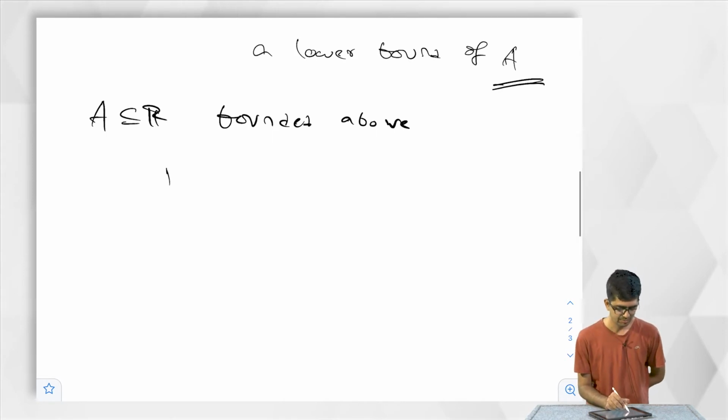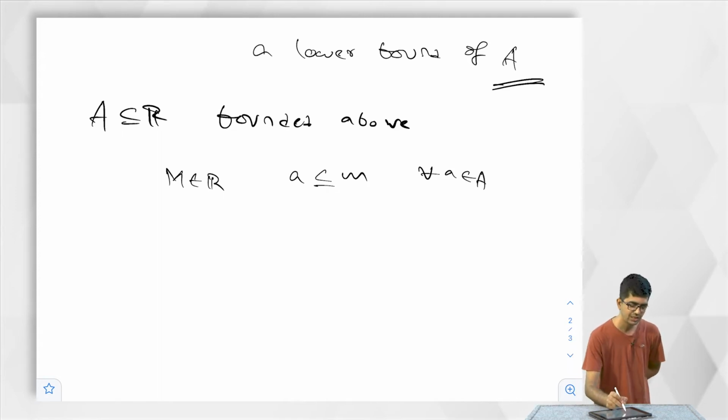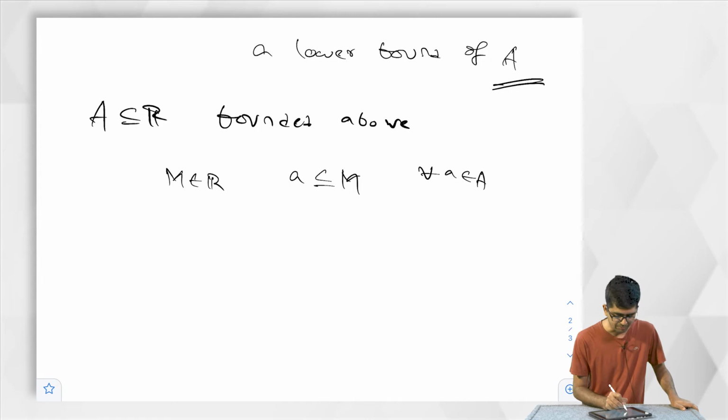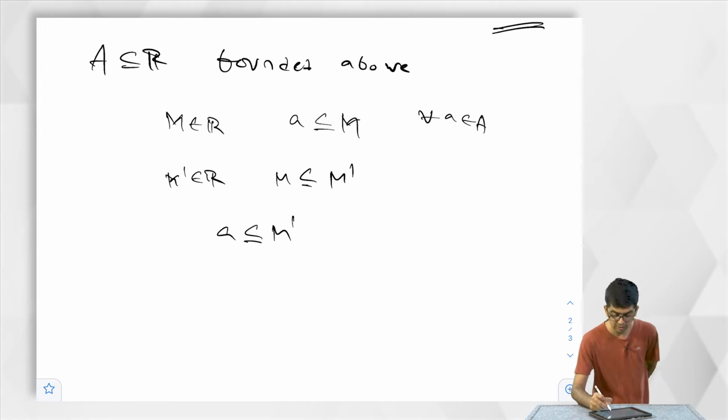There is some element M belongs to R such that A is less than or equal to M for every A belongs to A. See, this M is not unique in the sense that if I take any other element, say M prime belongs to R with M less than or equal to M prime, we of course have this property, right? Transitivity of the order says A is less than or equal to M prime. This is also for every A belongs to A.